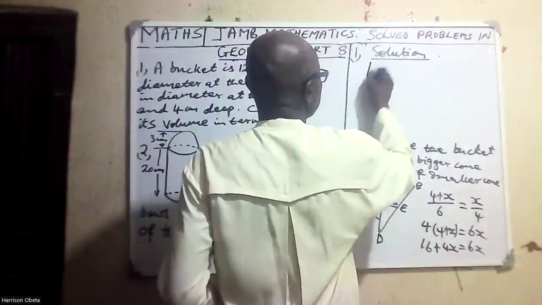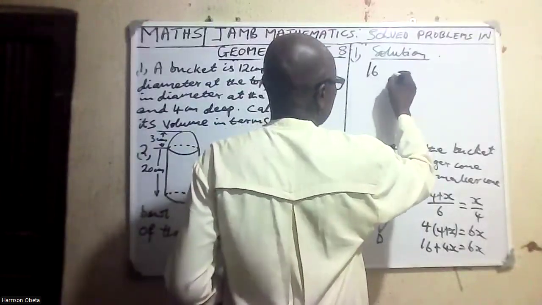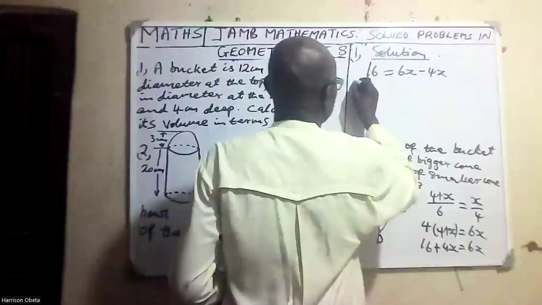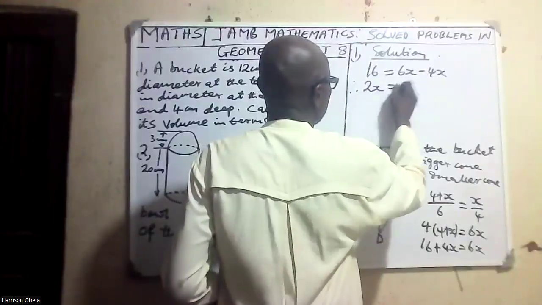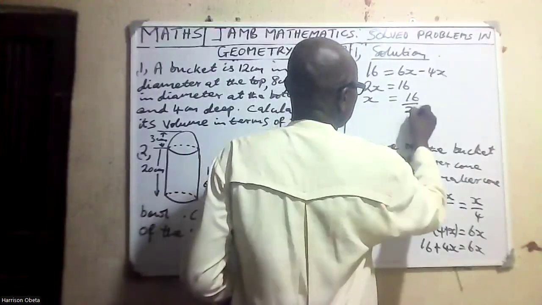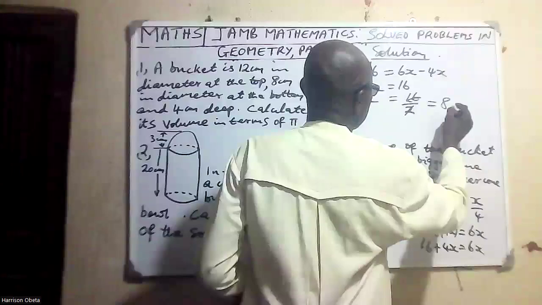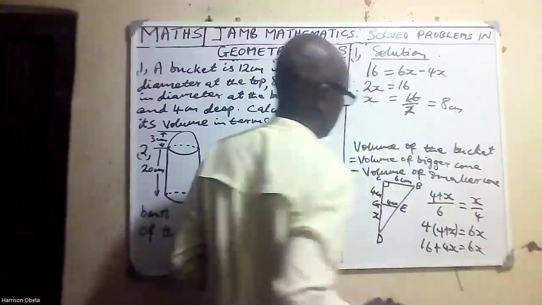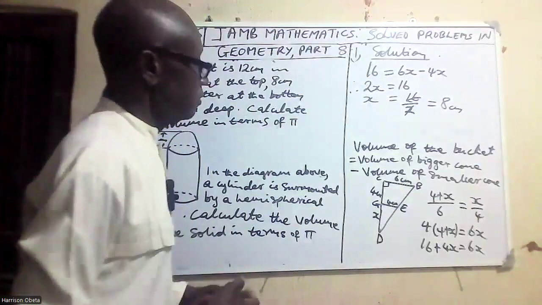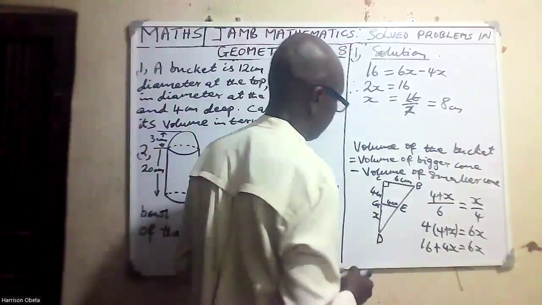That would be 16 is equal to 6x minus 4x. Therefore, 2x equal to 16, x equal to 16 over 2. And that is 8 cm. So we have succeeded in getting the value of x, and that is 8 cm.